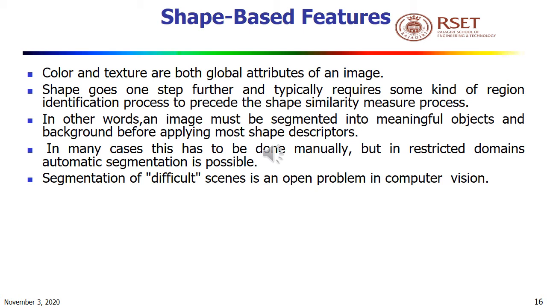An image must be segmented into meaningful objects and background before applying most shape descriptors. In many cases, this has to be done manually, but in restricted domains automatic segmentation is possible. Segmentation of difficult scenes is an open problem in computer vision.